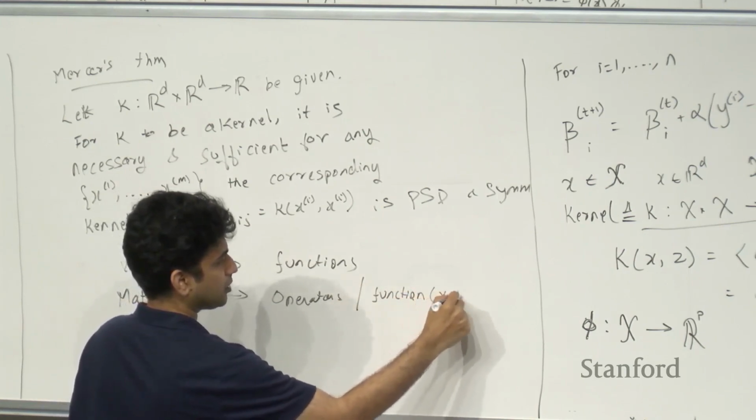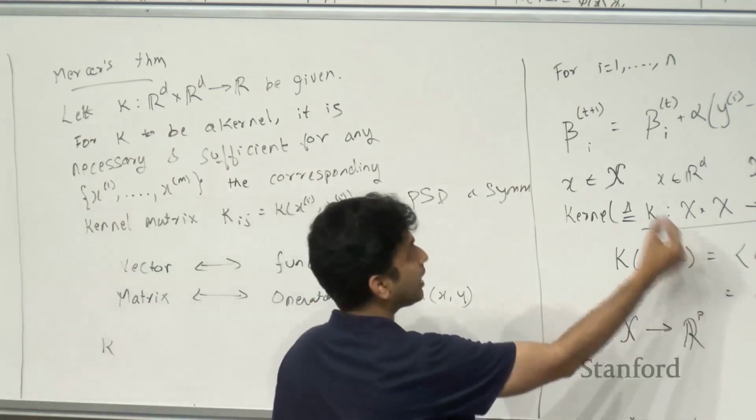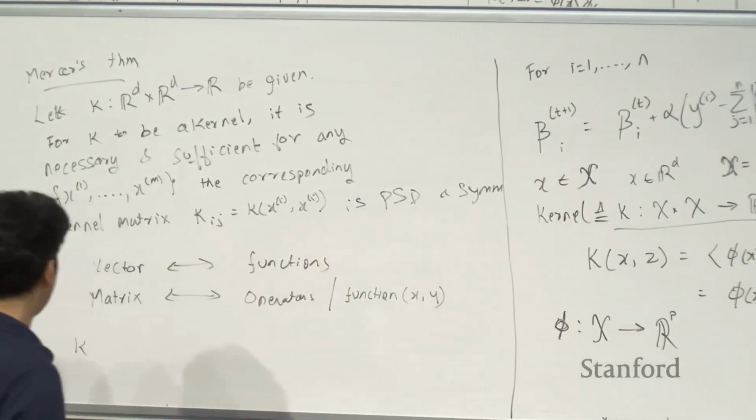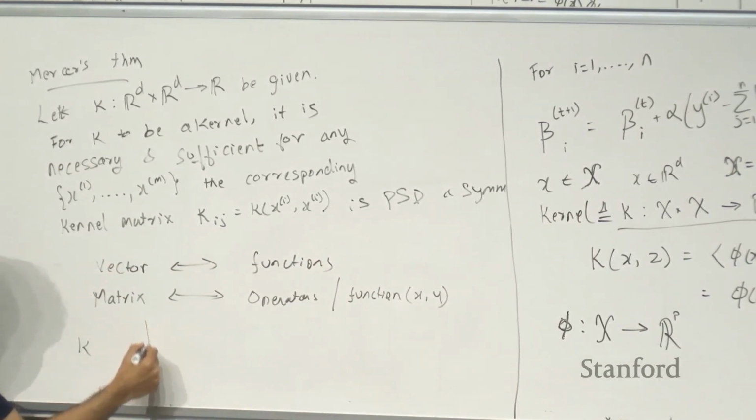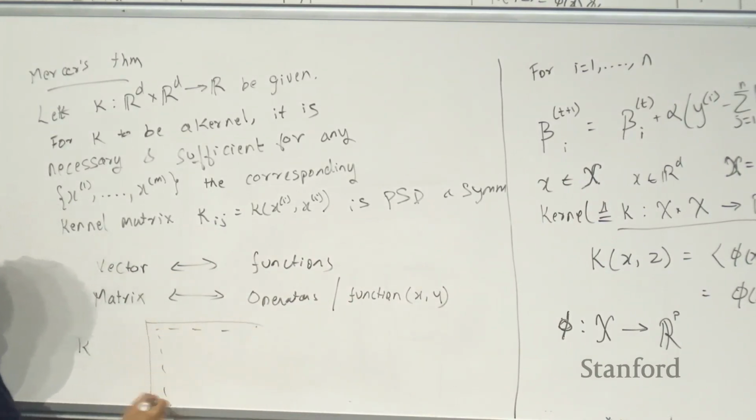Functions with, say, x and y, right? So the kernel function K, for which we saw many compact representations. Imagine this kernel to be an infinite dimensional matrix, right? It extends to infinity in all directions.